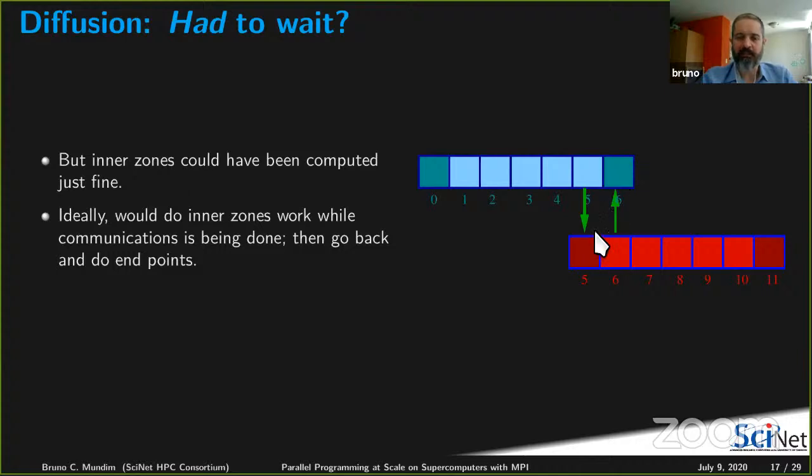So you initiate your exchange of data between the guard cells, go back in the loop, do the computation 2, 3, and 4, and then ask, hey, did this communication finish? If it is done, then I go back and compute the values on 5 and 6, and then I'm done with the problem. So this is basically an overlap of the communication with the computation, okay?